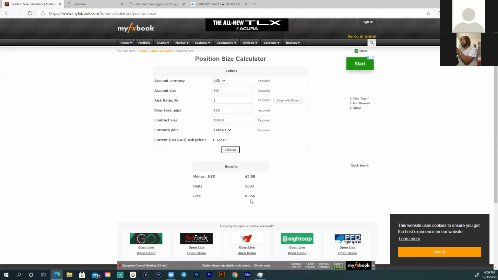So if you just do quick math, 5 times 12, you know that's about $6. But 0.05 is the ideal lot size for 11.8 pips, all right? This will help you calculate how much you're fully risking in a trade if you're not good at quick math. So all you need to do is change your account size. And actually, I'll drop this in the chat.